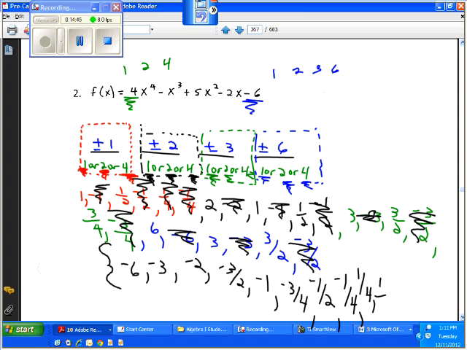Positive 1 half. Positive 1. I left 3/4 out. Positive 3/4. Like to miss my 3/4. Positive 1, 3 over 2.